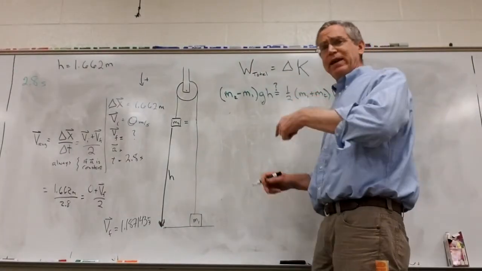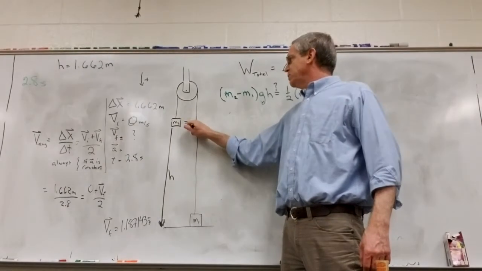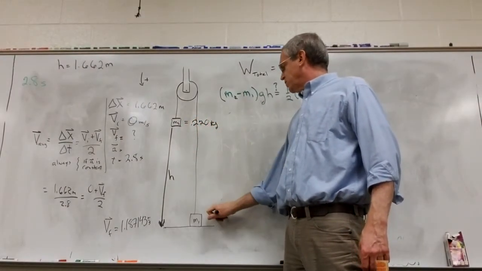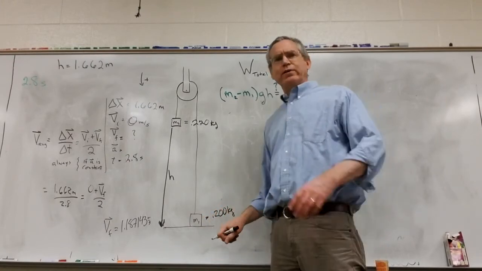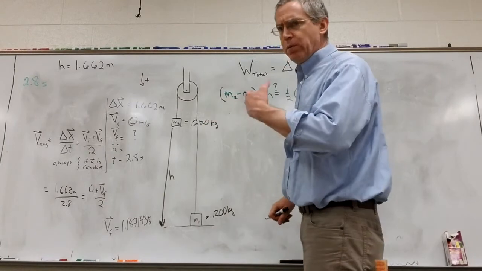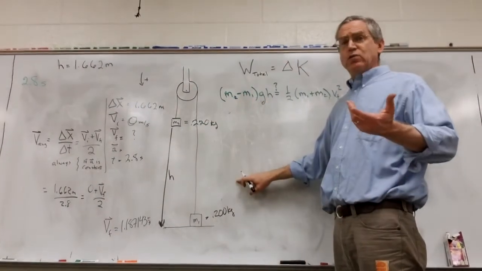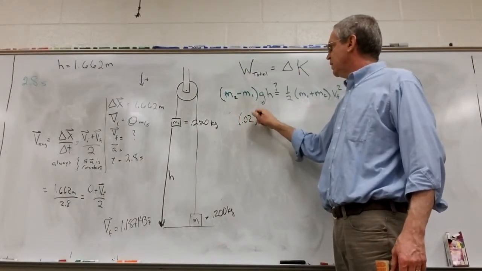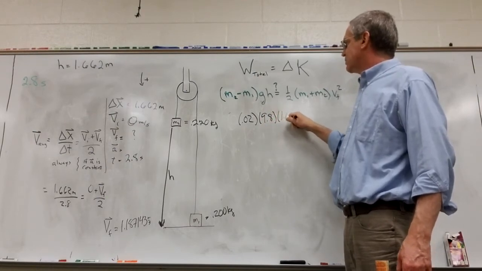So now we're going to find out if this relationship holds true. Mass 2 was 0.220 kilograms. Mass 1 was 0.200 kilograms. I'm trusting that what's printed on there is close enough for what we're doing. So mass 2 minus mass 1, the difference is 20 grams or 0.02 kilograms, so this is 0.02 times 9.8 times the height of 1.662.